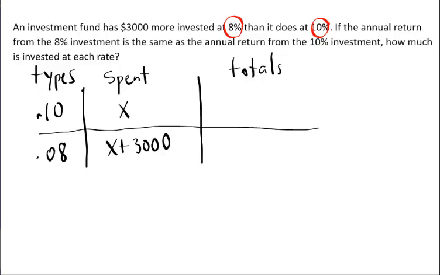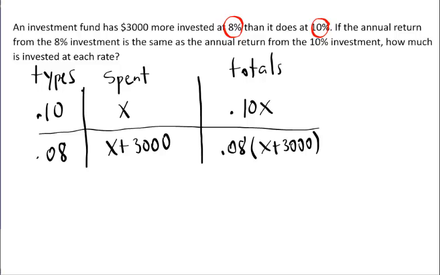And so how do we figure out the totals? You just multiply going across. So this is going to be 0.10x, and then on the bottom 0.08 times x plus 3,000. And so now we can answer the question, how much is invested at each rate?